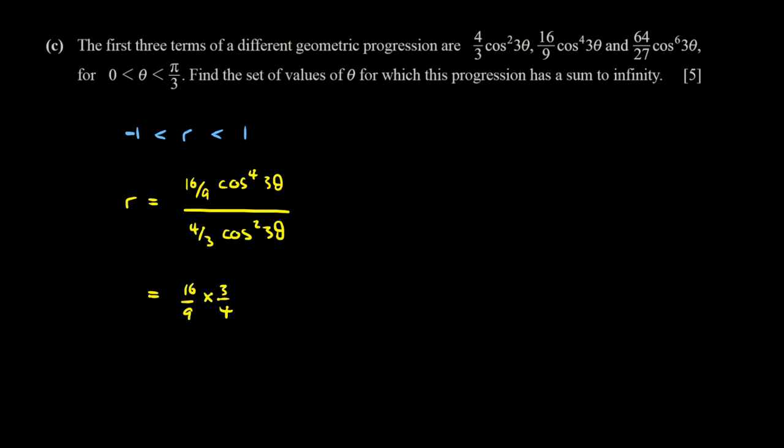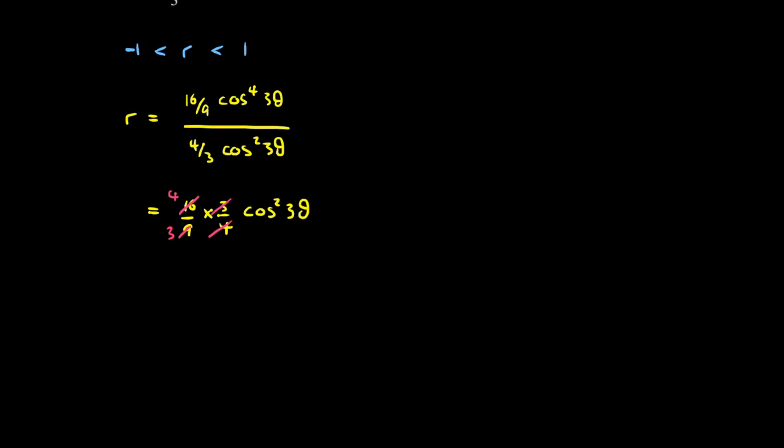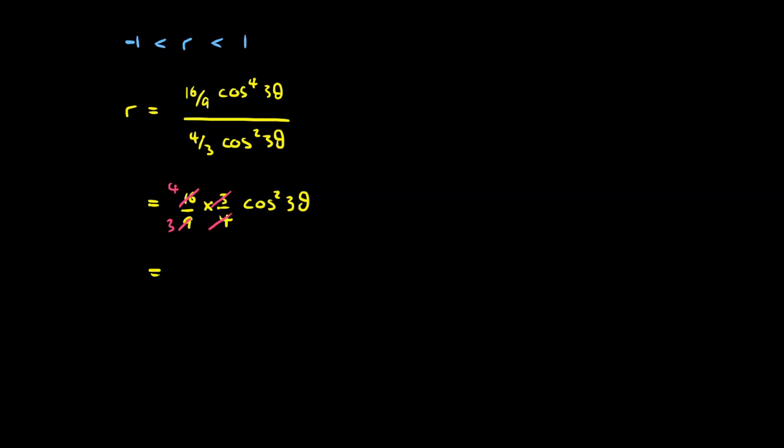I'm going to have cos^4 divided by cos^2, which is cos^2. And hopefully you can see that things are going to cancel off. Divide top and bottom by 4, divide top and bottom by 3. We're going to end up with 4/3 cos^2 3θ. Okay, so 4/3 cos^2 3θ.